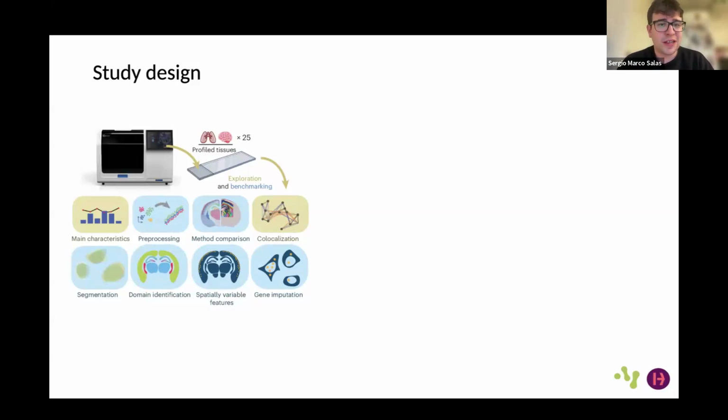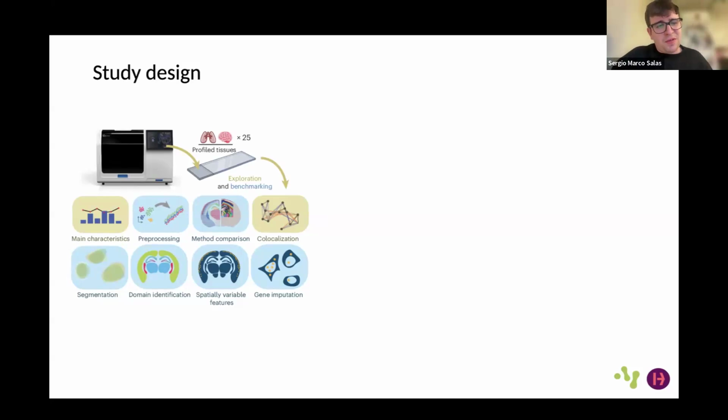So we had both healthy and diseased tissue from different organs, just to give an overview of how the technology looks across different types of tissue. Also, we included both FFPE and fresh frozen in the study to be a bit more general.